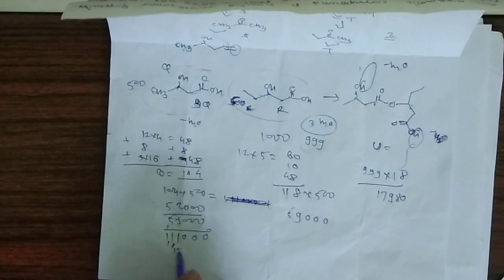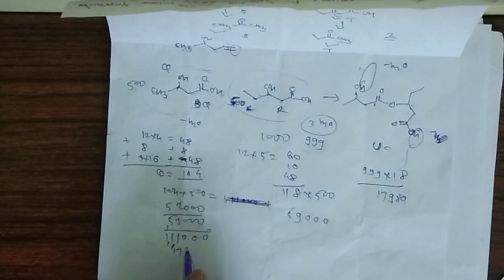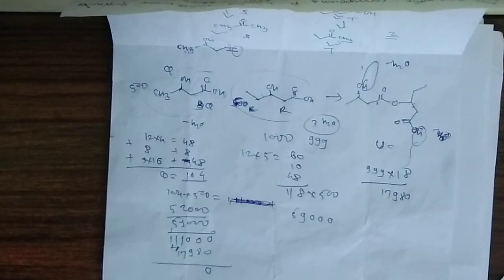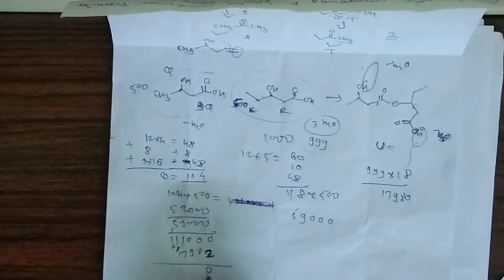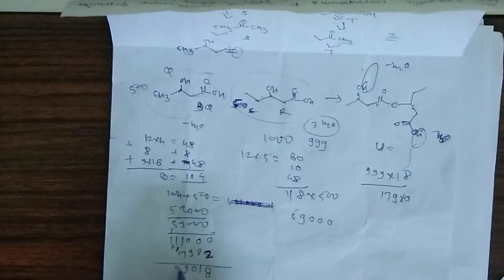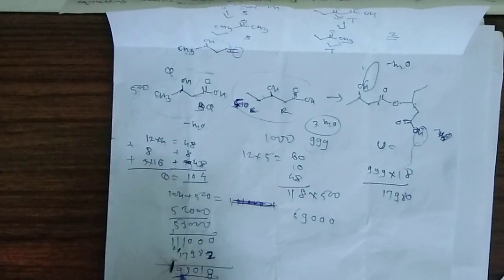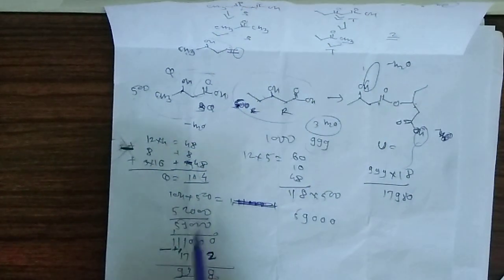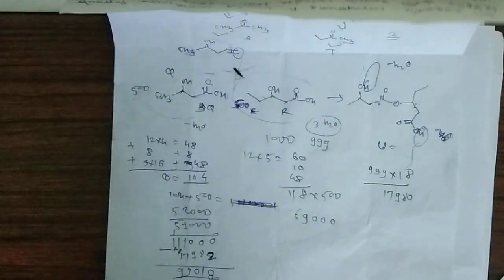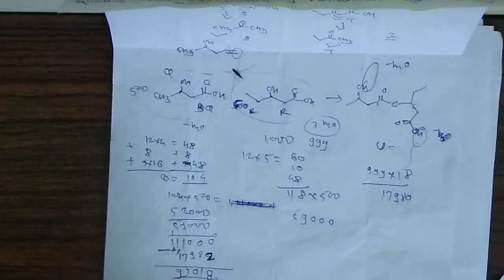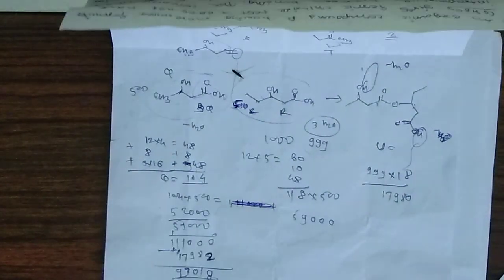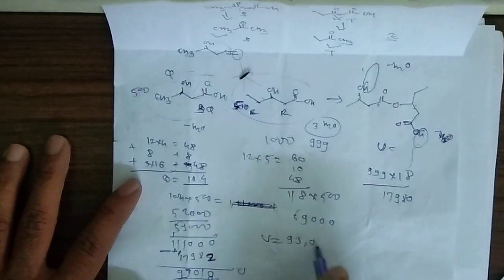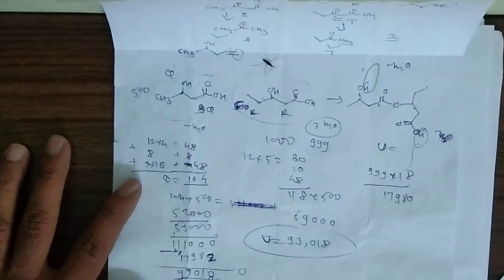If we subtract that from the total molecular weight of Q plus R of 500 moles each, then this much gram per mole should be the molecular weight of U. So our correct option should be 93,018. This is the molecular weight of U.